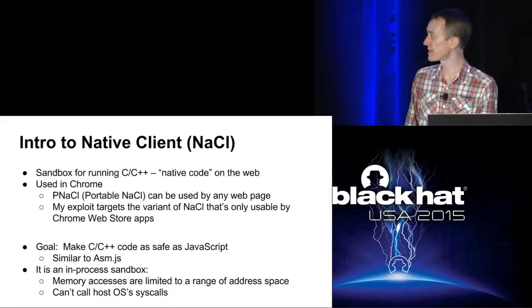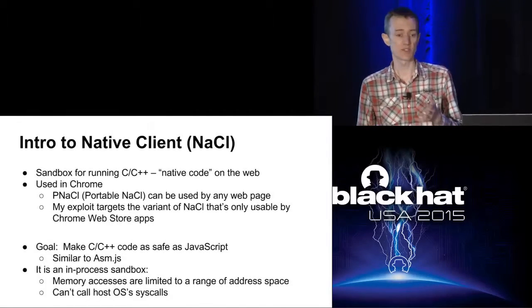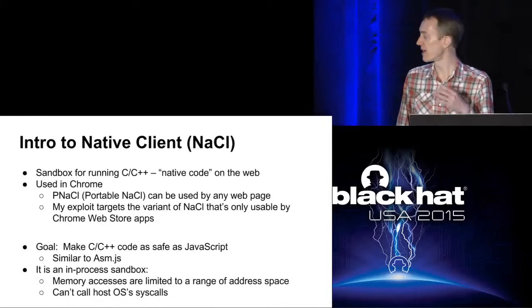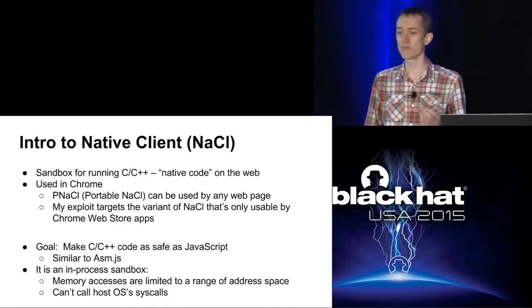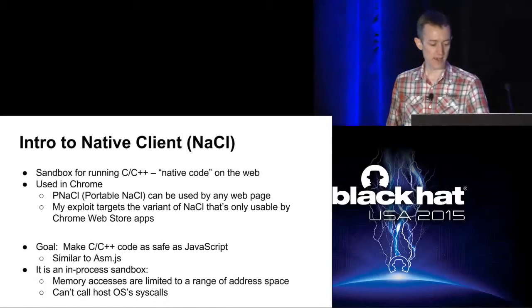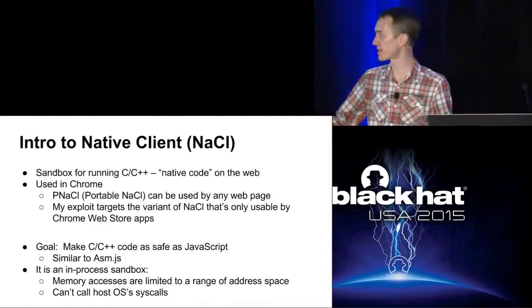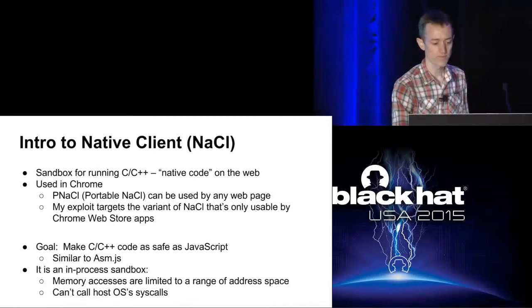So NaCl's goal is basically to make C and C++ code as safe as JavaScript. And it's kind of similar in that respect to asm.js. And like asm.js, it's an in-process sandbox. So the memory accesses of a program inside that sandbox are limited to a range of the processor's address space.